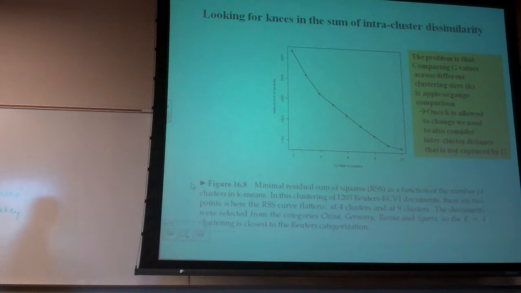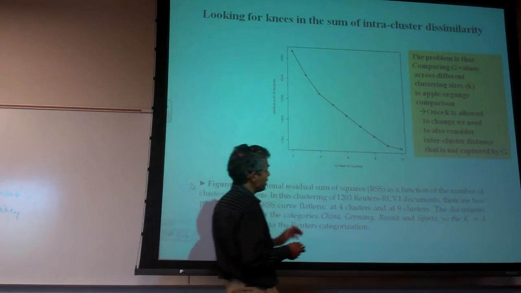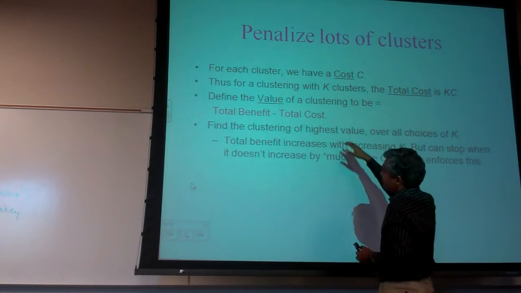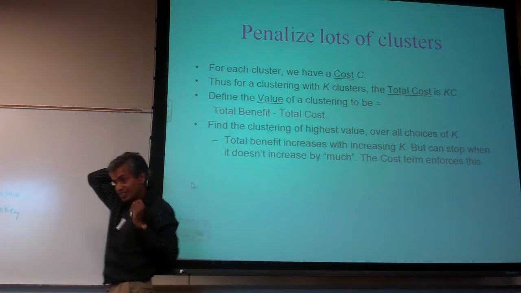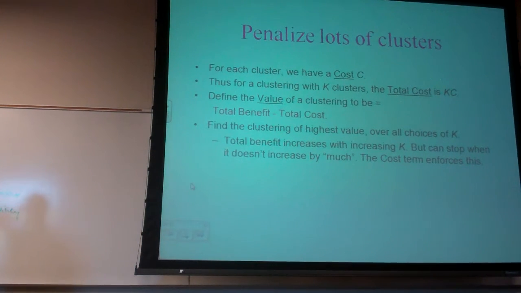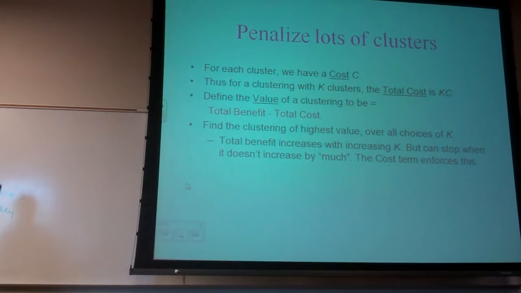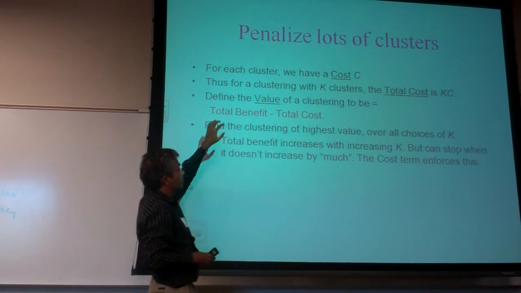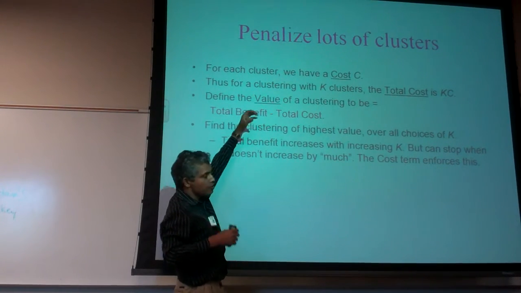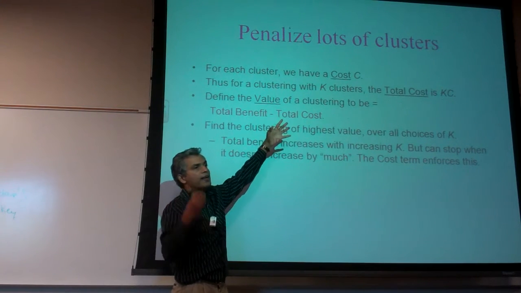Okay? A different way of doing it is to actually write this as an optimization problem, where the optimization measure is not just dependent on the intra-cluster dissimilarity, but also is dependent on somehow the number of clusters. And you need to provide a penalty, a regularization term, for those of you who have background in machine learning, which says that as the number of clusters increases, you get a penalty.